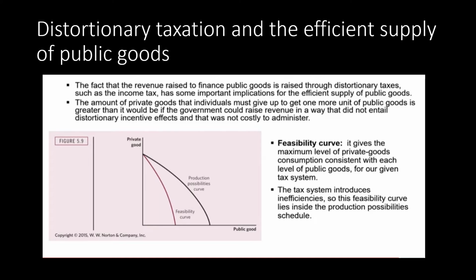The amount of private goods that individuals must give up to get one more unit of public goods is greater than it would be if the government could raise revenue in a way that did not entail distortionary incentive effects, and that was not costly to administer.